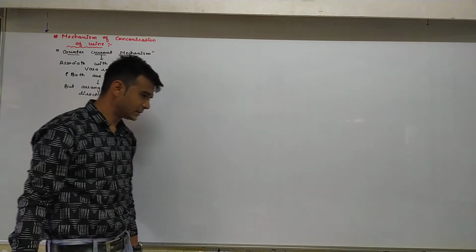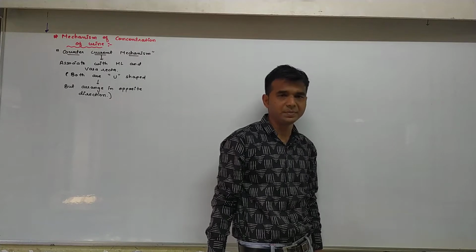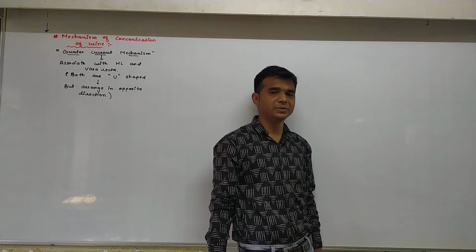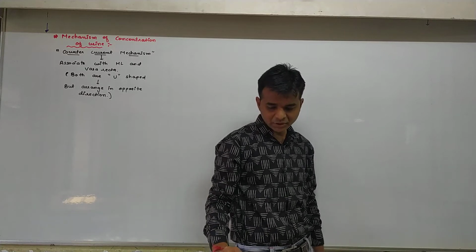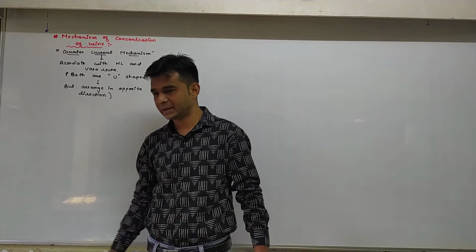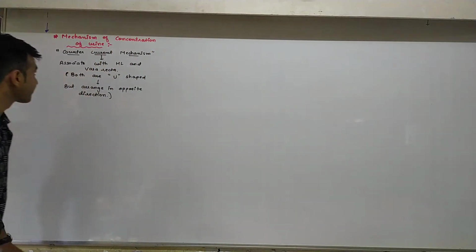The counter current mechanism is based on the whole previous class, where I told you the functions of the tubule: PCT, loop of Henle, DCT and collecting duct. But here the concentration of the urine mostly depends on the counter current mechanism, associated only with the loop of Henle as well as the vasa recta.